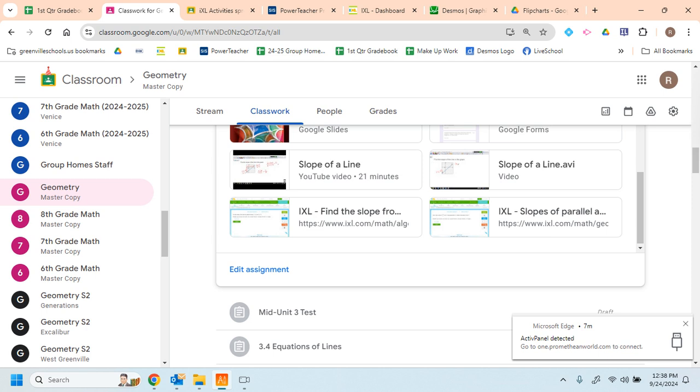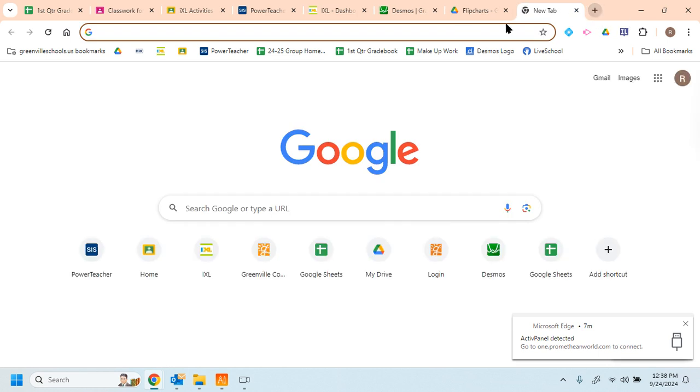All right, here it says find x and the length of each side if triangle ABC is an isosceles triangle with AB congruent to BC. So AB, this, is congruent to this. So we're going to say 4x minus 3 is equal to 2x plus 5, okay? And so what we're going to do now is use Desmos.